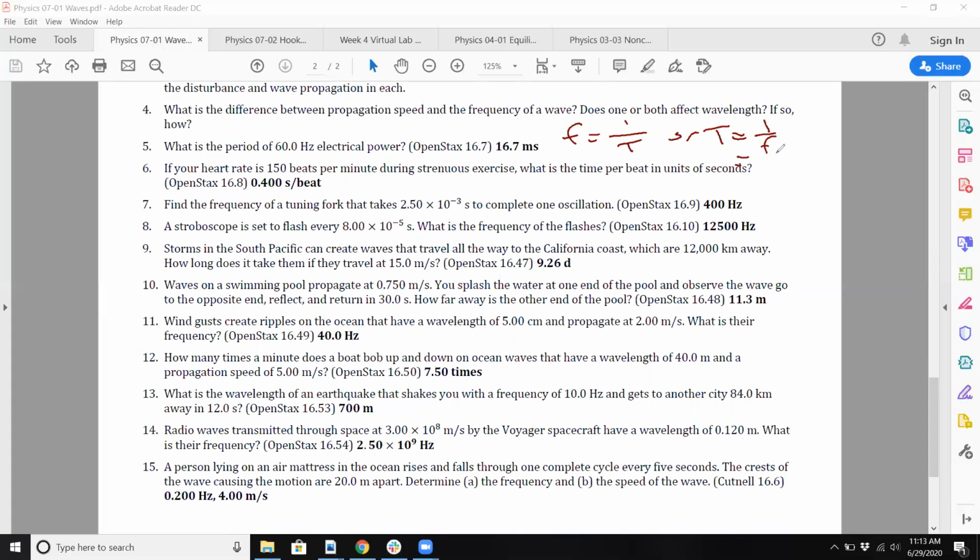So doing 1 over 60, which is 0.0167 seconds. You can leave it like that, that's totally fine. But you can put milliseconds because you're moving the decimal point 3 places to the right. So that's why you get 16.7 milliseconds. Remember what milli means. I already did 5 for you guys. I'll have you guys do 6 through 15 in your groups.